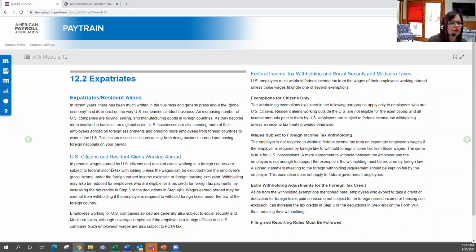In general, wages earned by U.S. citizens are... Wages subject to foreign income tax withholding. The employer is required to withhold federal income tax from an expatriate's wages if the employer is required by foreign law to withhold foreign income taxes from those wages. The same is true for U.S. possessions.